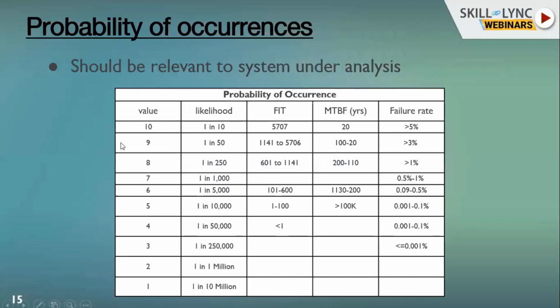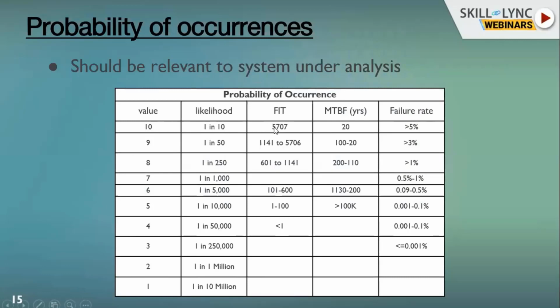Probability of occurrence. This is just an example of how you evaluate the probability. This is one case where, if the likelihood to happen is 1 time in 10 use cases, then I will say the probability is 10, very high probability.